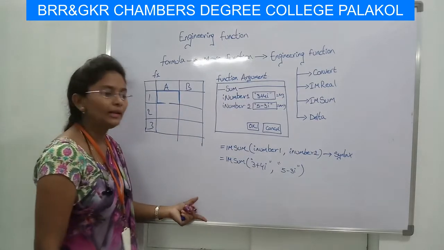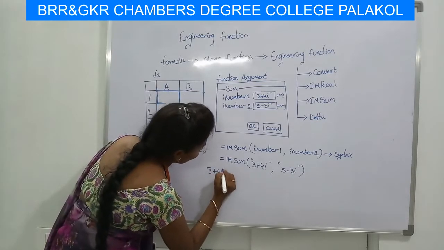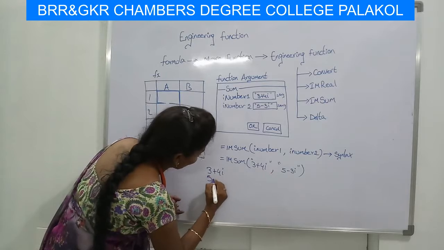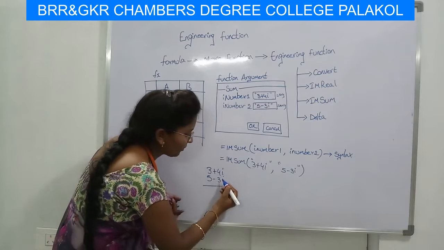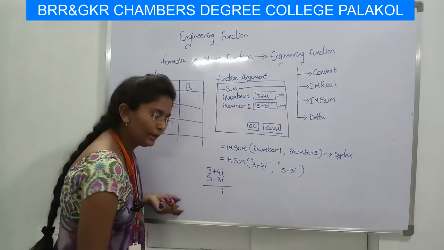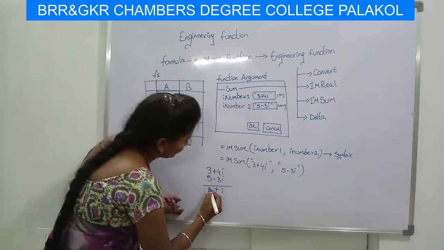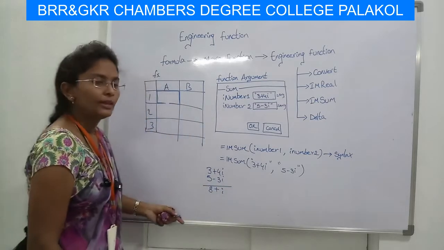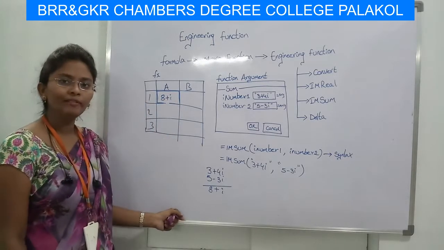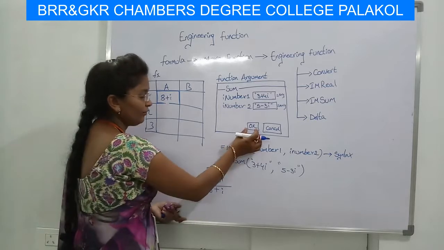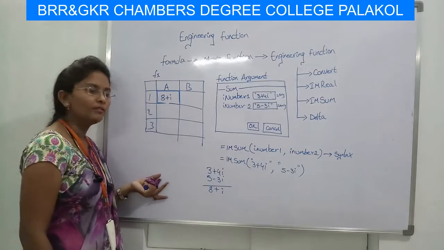How it will be calculated means here I am taking 3 plus 4i and the second value is 5 minus 3i. 4 minus 3i gives only i, with the plus symbol, and 3 plus 5 is 8. The answer is 8 plus i in the A1 cell. If you click on the OK button, the same answer will be displayed in the A1 cell.